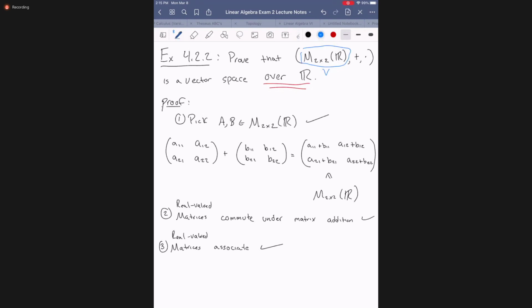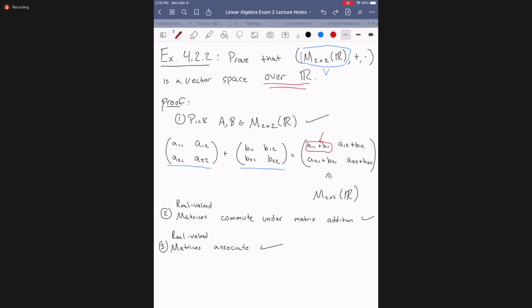Well, look at number 1. I added these two matrices, right? And each entry right here is what they gave me. The addition here is different from the addition there. The addition there is actually for real numbers, and we know that real numbers commute already. So you can rewrite this as B11 plus A11, and B12 plus A12, and then separate the matrix that way.